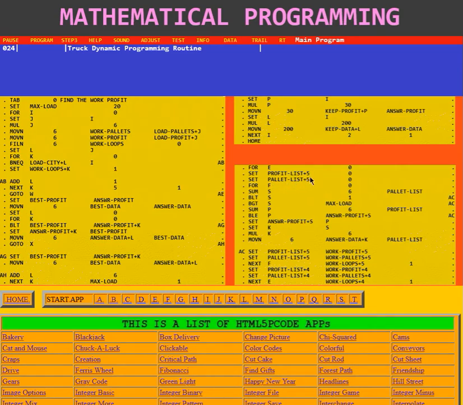And it's going to put in a list called profit list the profit, if it is included, and the number of pallets that's used. First, there'll be 0. It won't include that particular service unit. And the next time it goes around the loop, it'll say, yes, I have it included. This is the profit, and this is the number of pallets.